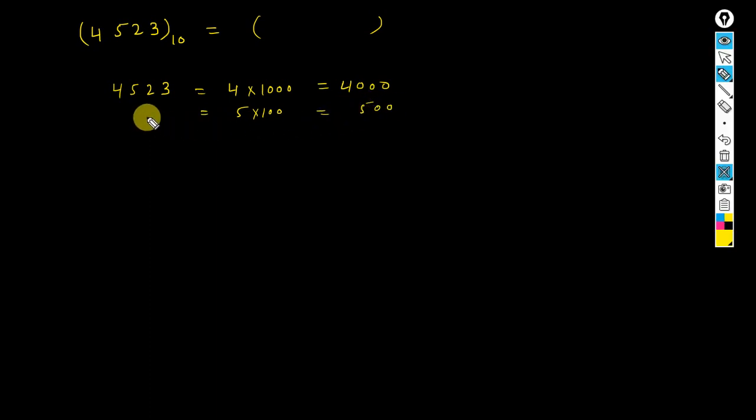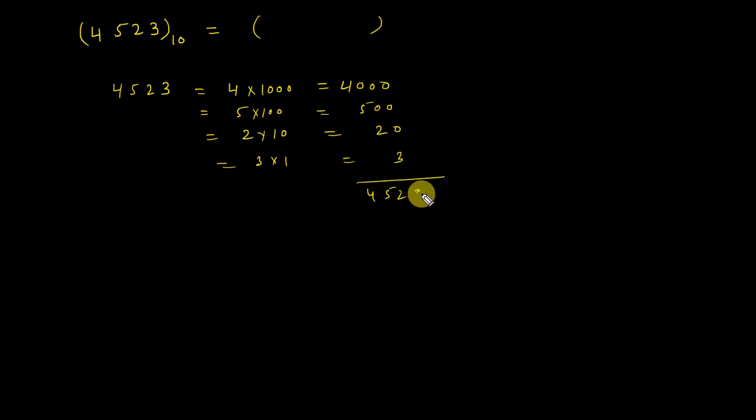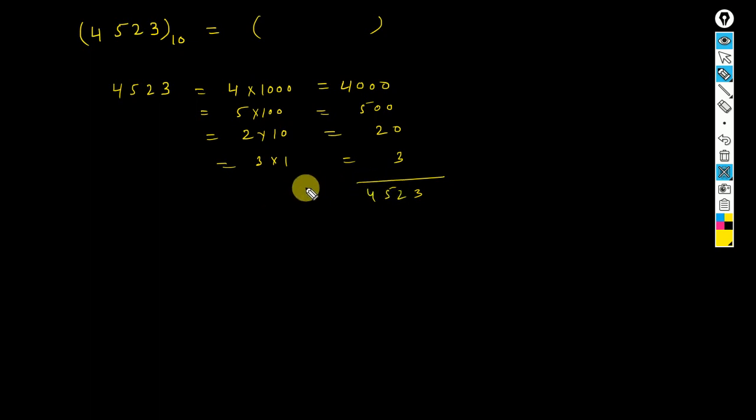And 2 is placed in the tens place. 2 multiplied by 10 is 20. And 3 is placed in the unit place, so 3 multiplied by 1 is 3. So add these numbers, and this is your 4523. So this is a multiplication method.